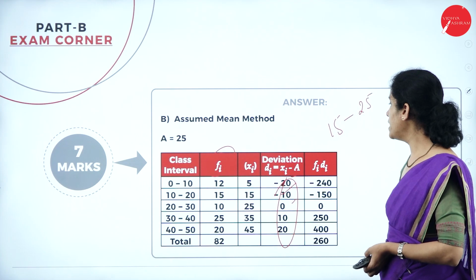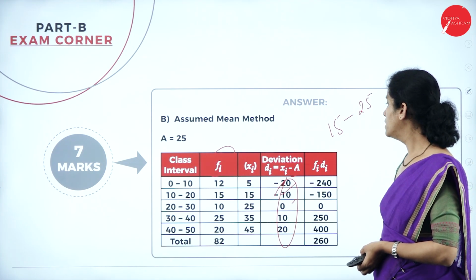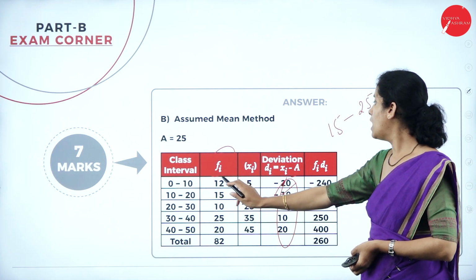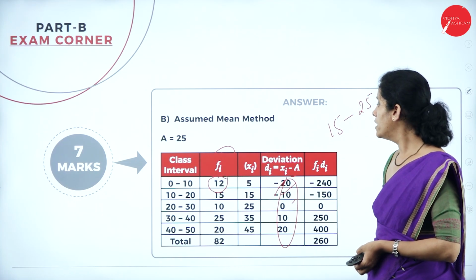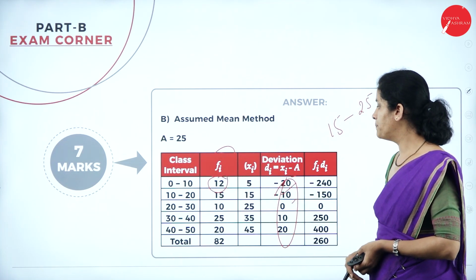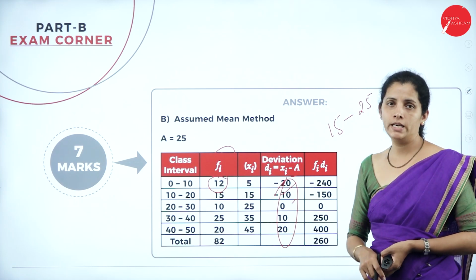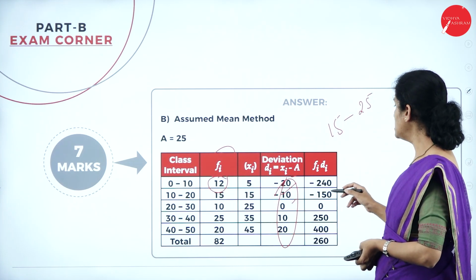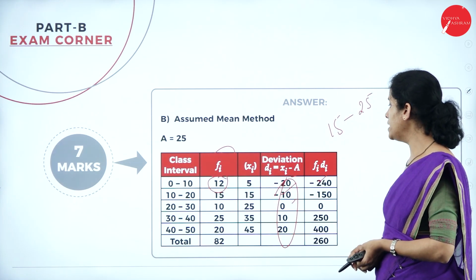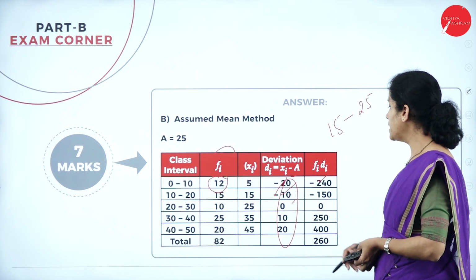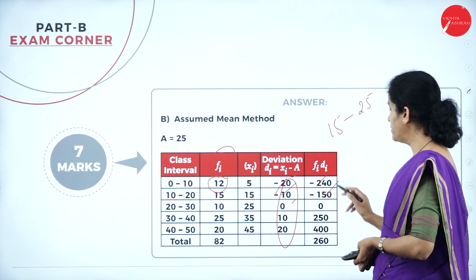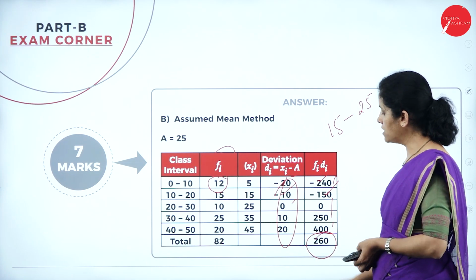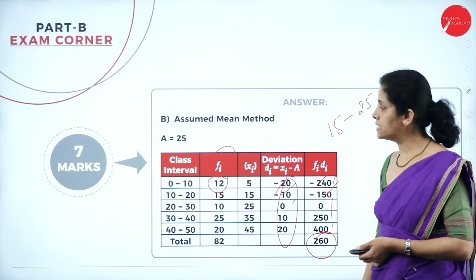Now, what is fi into di? So here I have 12 and I have the di. So minus 20 into 12, it is minus 240. 15 into minus 10, minus 150, and so on. The answer is 260.